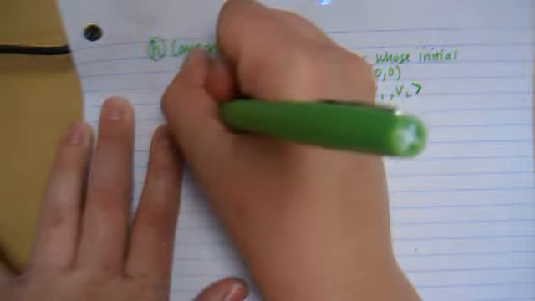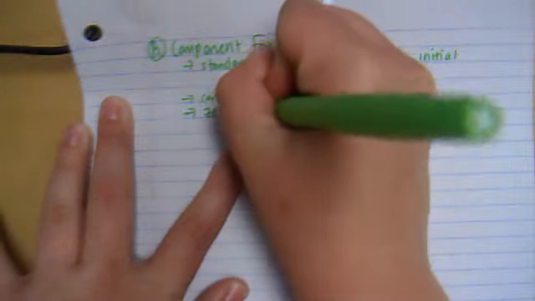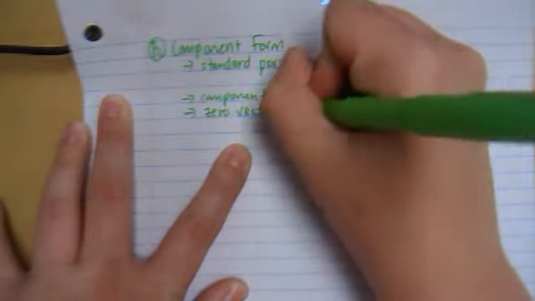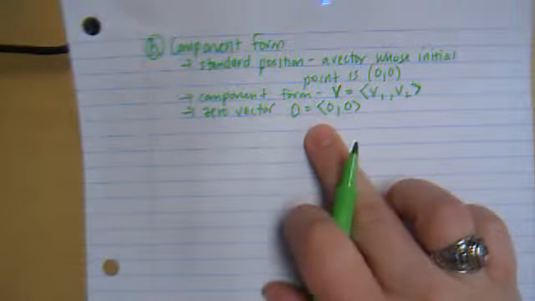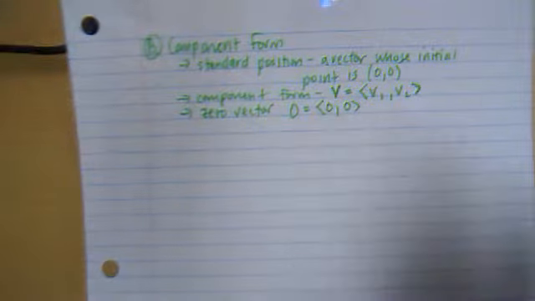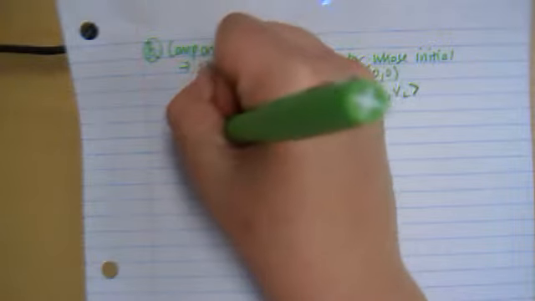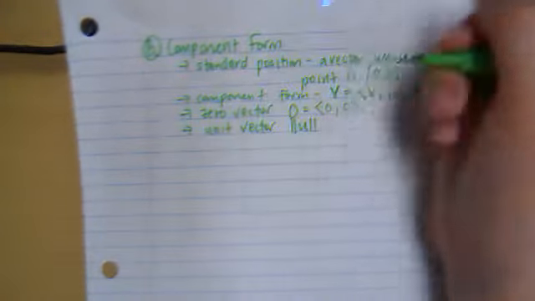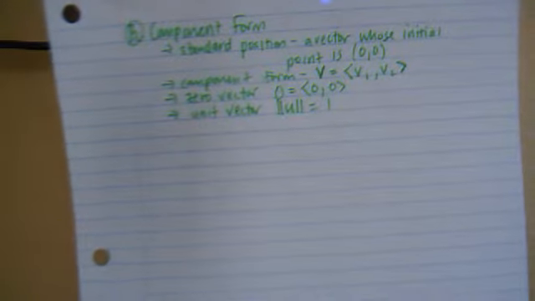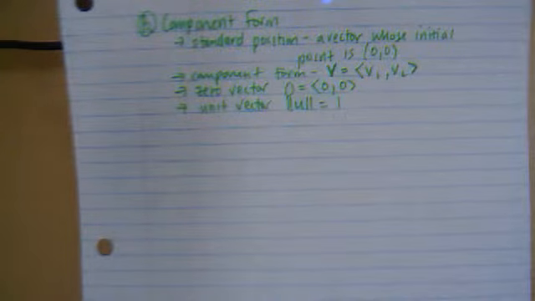A few other vectors we need to talk about are the 0 vector. If we have initial point at 0, 0 and an end point at 0, 0, that means there's no magnitude or no direction. A unit vector, we're going to call it u. When your magnitude is 1, that's a unit vector, so that's kind of like back to the unit circle.